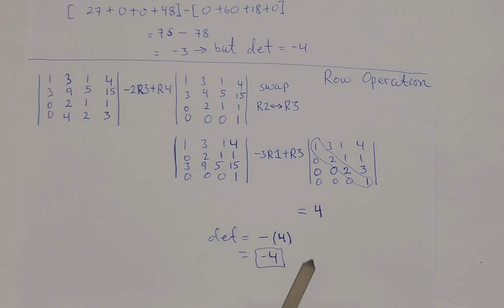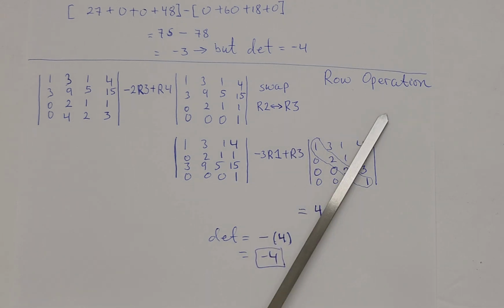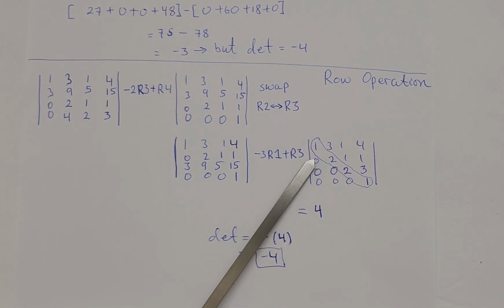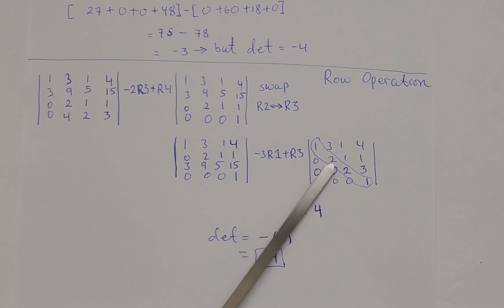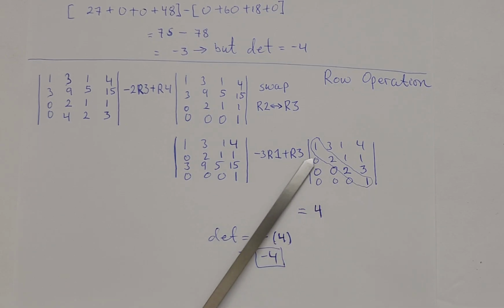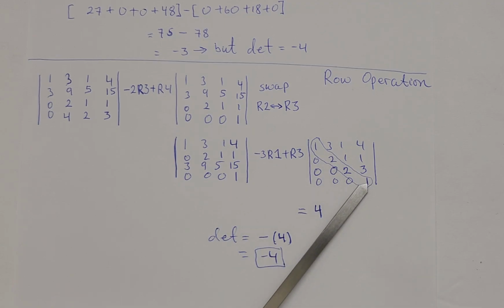When we are looking for the determinant in row operations, we want the bottom part right here where I am circling to be 0. This little bottom triangle area needs to be 0. After that, I just multiply the diagonal. So that gives me 4.